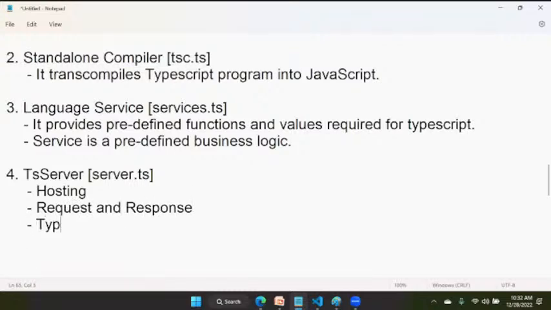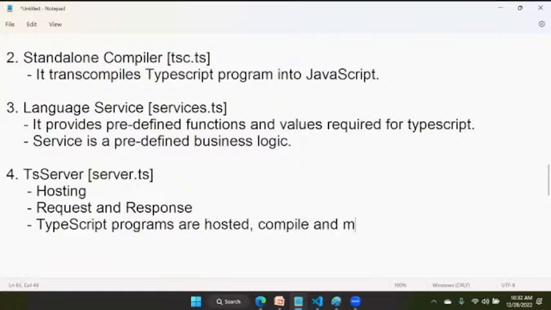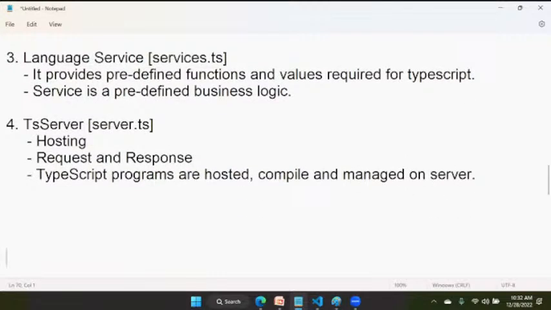That means programs are hosted, compiled and managed on the server. They are managed on the TS server. Hosted means they are loaded there, compiled there, processed there, and managed in both input and output. Everything is managed on a TypeScript server.